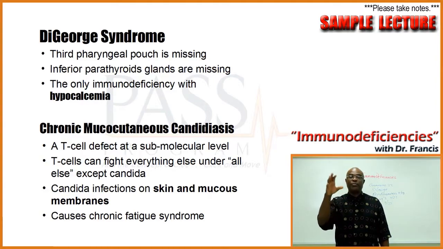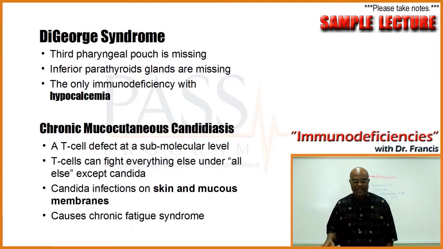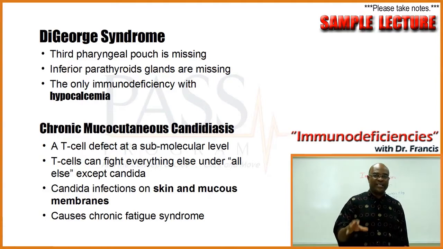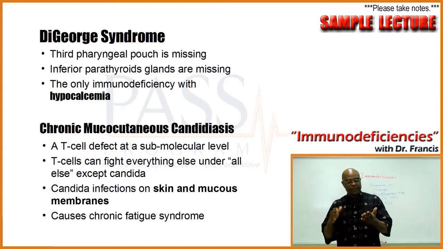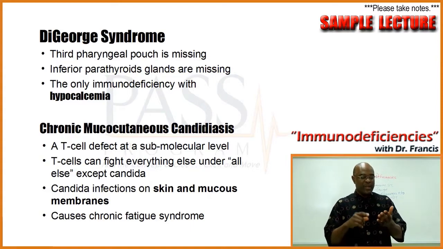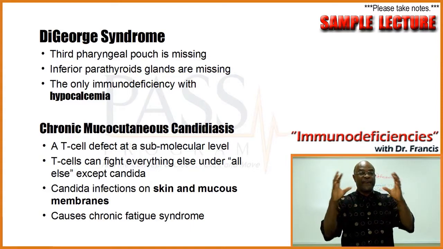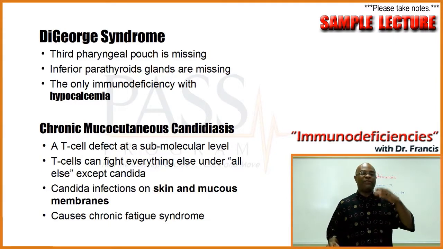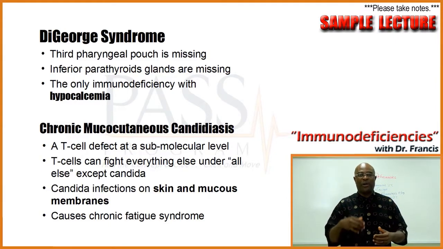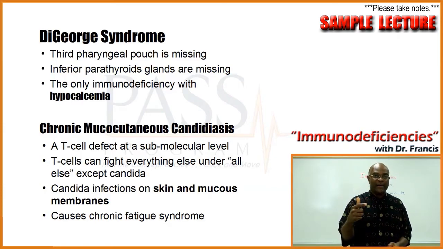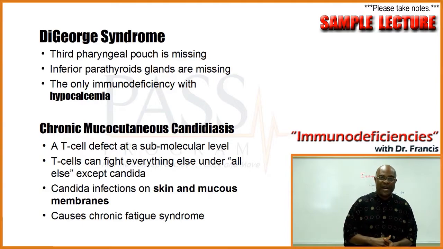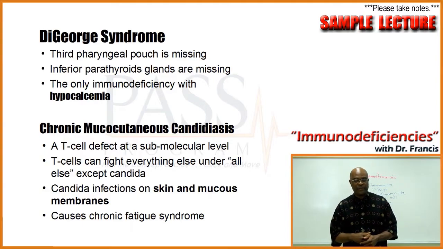So chronic mucocutaneous candidiasis is a T-cell defect at the most submolecular level. Why do I say that? In this disease, the T cells can fight every infection under the sun: virus, fungus, protozoa, mycobacteria, doesn't matter. It can even fight all the other fungi. However, it cannot seem to fight Candida.